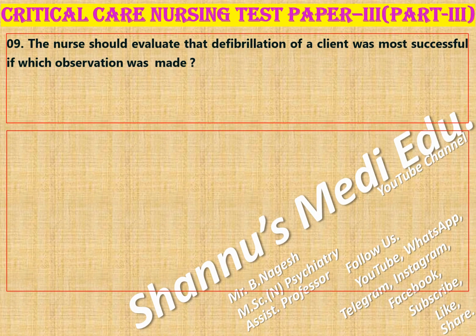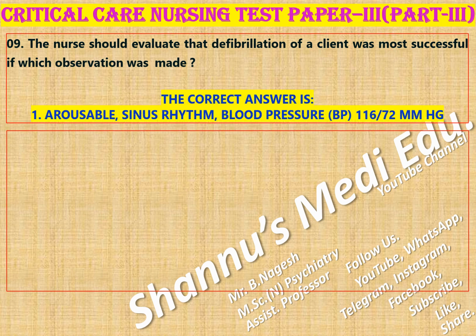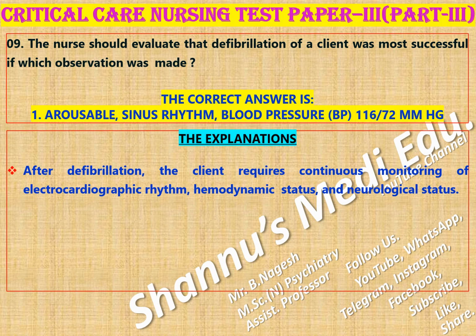The ninth question. The nurse should evaluate the defibrillation of the client as most successful if which observation was made? The correct answer is arousable, sinus rhythm, blood pressure 116 by 72 mmHg. The explanation of the question. After defibrillation, the client requires continuous monitoring of the electrocardiac rhythm, hemodynamic status, and neurological status.